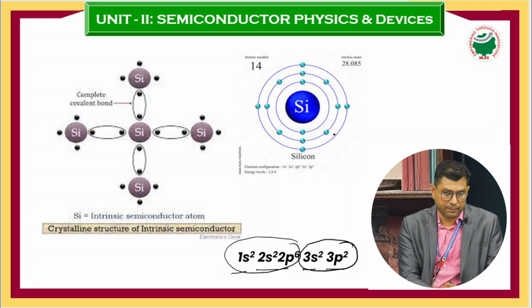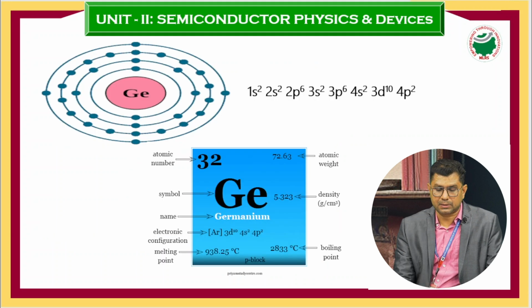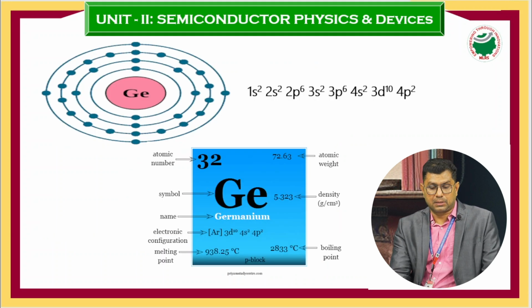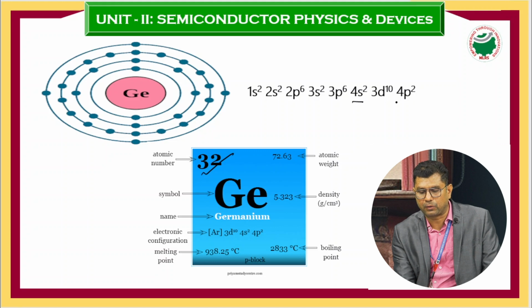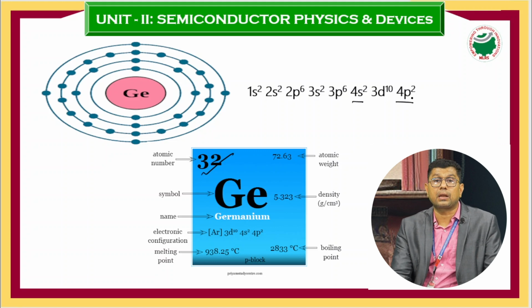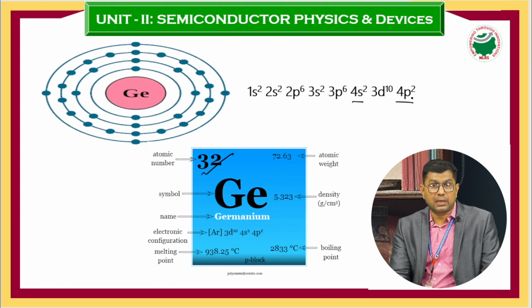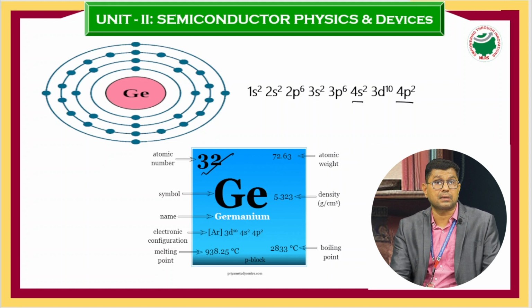When you consider germanium, the atomic number is 32. The outermost orbit is 4s2, 4p2, so totally 4 valency electrons are available. Whenever this element wants to react with another element, either it needs to lose 4 valency electrons or gain 4 valency electrons.